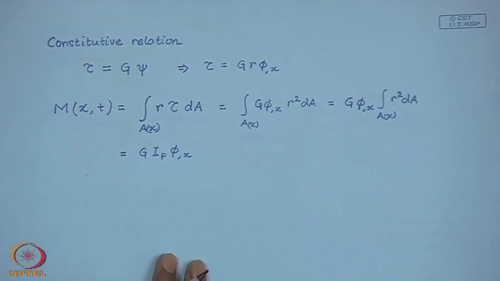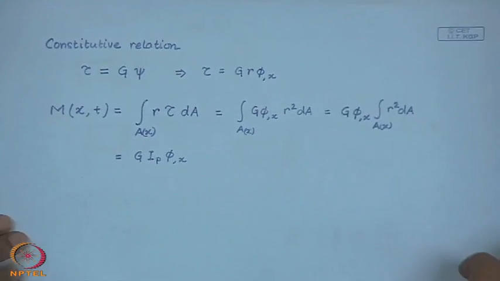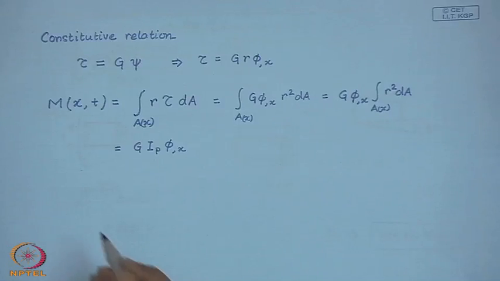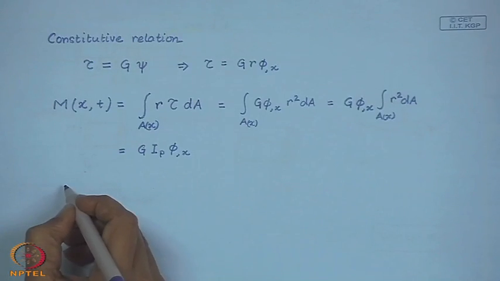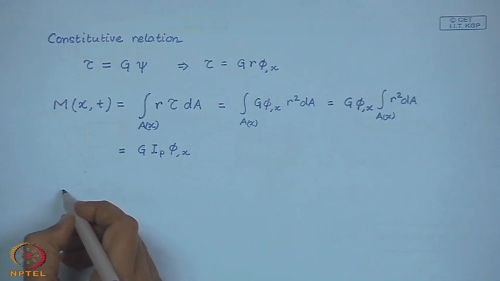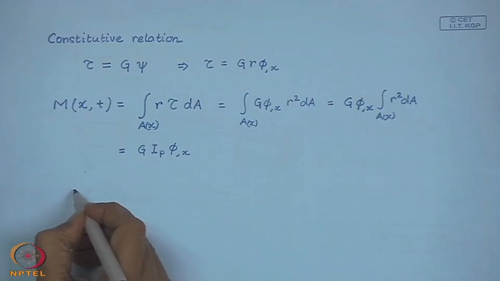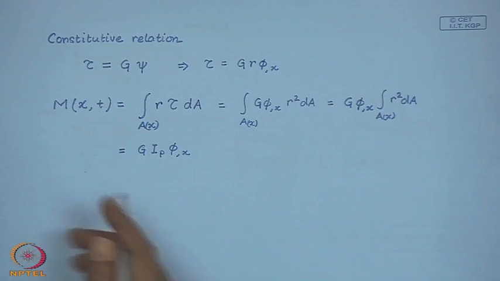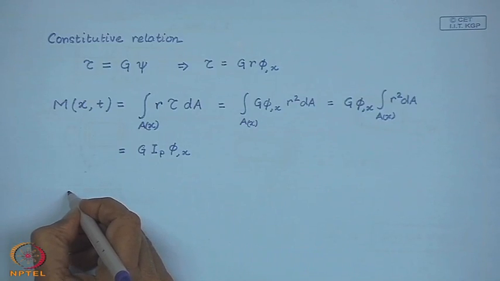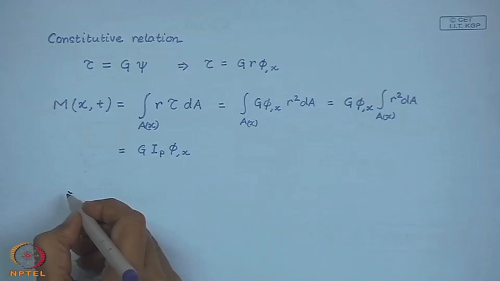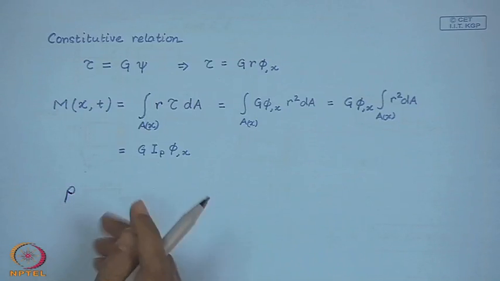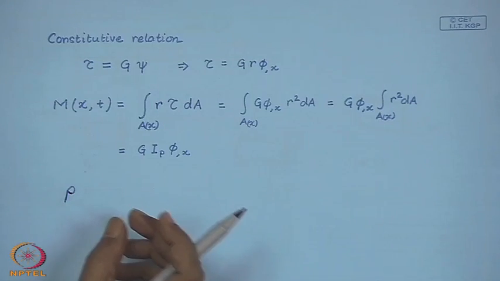Now, I can write down the equation of motion. First I will write the moment of inertia of this ring that we have considered. This moment of inertia of the ring is mass of the ring times the radius square.